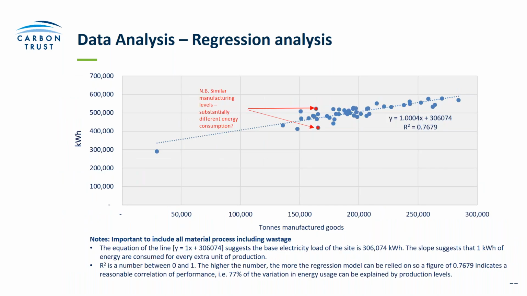We talked about the importance of the granularity of the data. The previous one was obviously monthly, which I think is too coarse to get any kind of meaningful information from regression analysis. So there's one that's looking at weekly tons of manufactured goods against the related energy consumption.